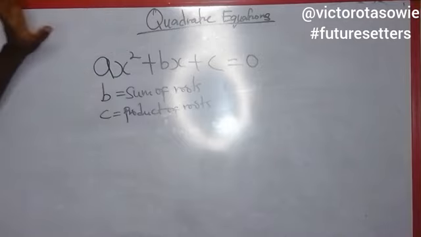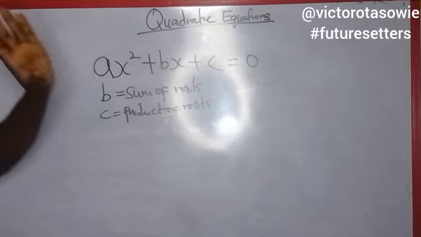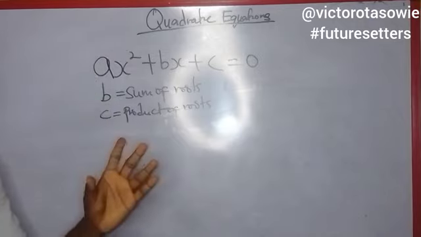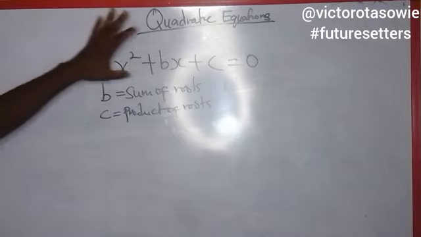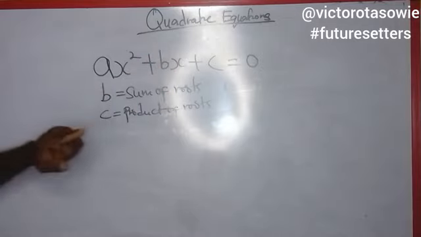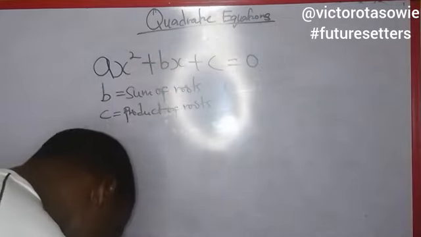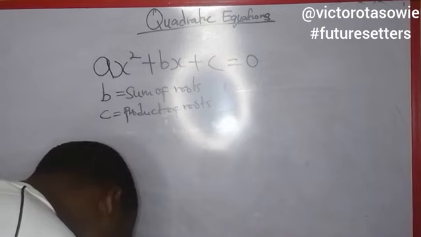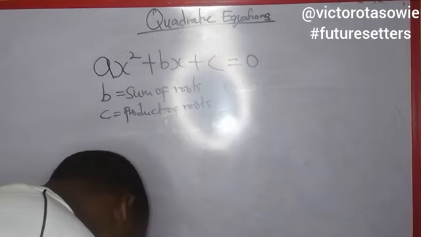If a has a number, then there will be a new method we'll use to solve it. But for this aspect, let's focus our attention on what I said. Here you find two numbers that you add together to give you b, then two numbers you can multiply together to give you c.